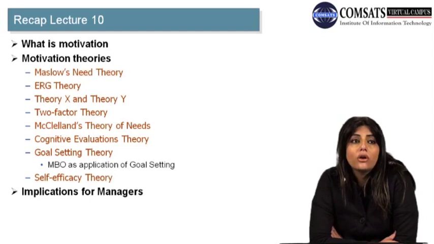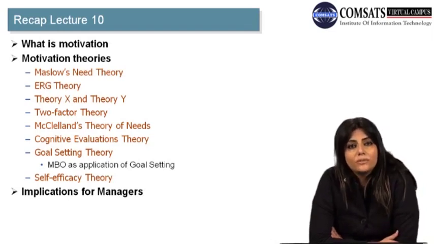And this conclusion was drawn by Herzberg based on the data he collected from people. He tried to gather the opinions of people as to what the determinants of job satisfaction and job dissatisfaction are.